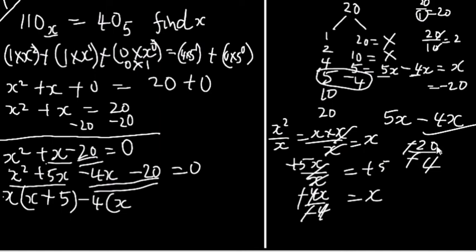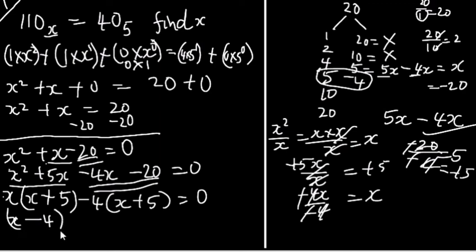Minus cancels minus. 20 divided by 4 equals 5. And 5 is the same thing as plus 5. So we write plus 5 here is equal to 0. Since the expressions in the brackets are the same, we have x minus 4 and x plus 5 equals 0.